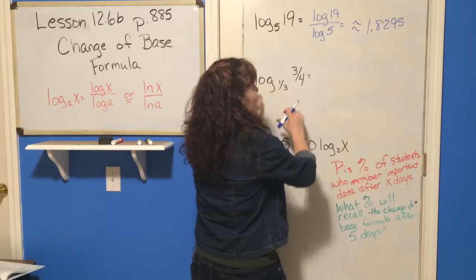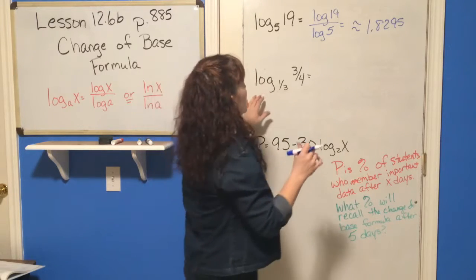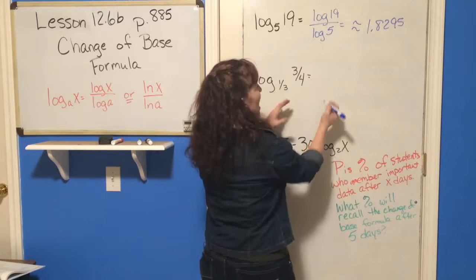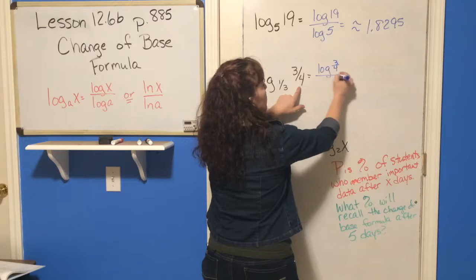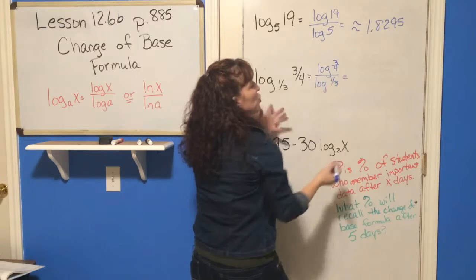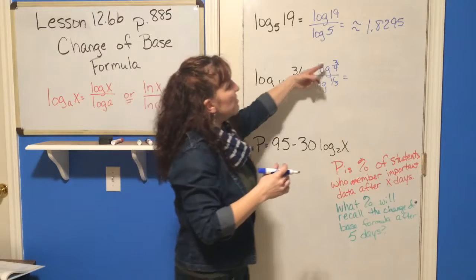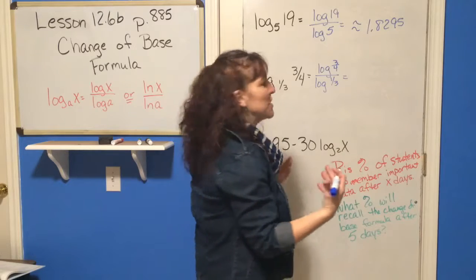Some of your homework problems do have fractions, so that's why I wanted to show you this. You still have the log of the number, so log of 3/4 divided by the log of the base. What you can do is simply divide these fractions and make them into decimals first, and then press them into your calculator.